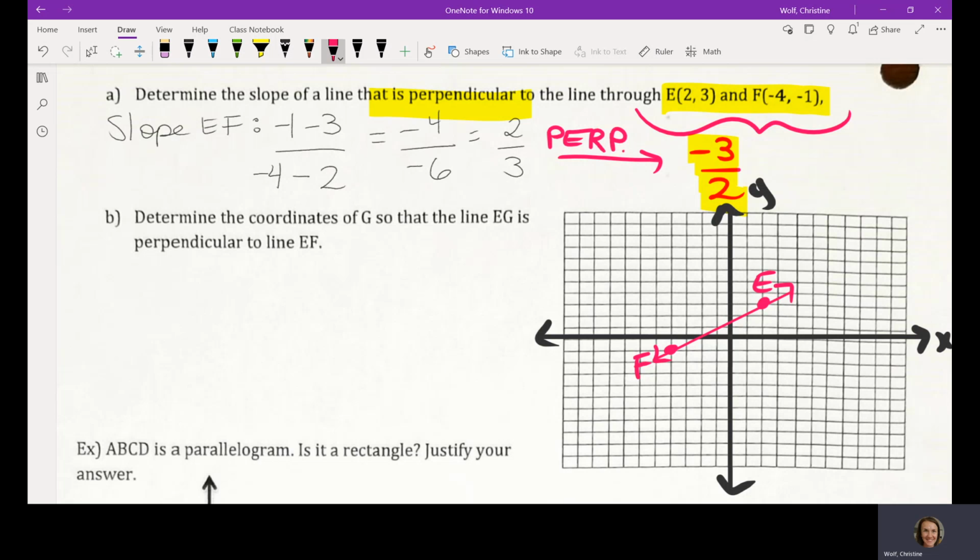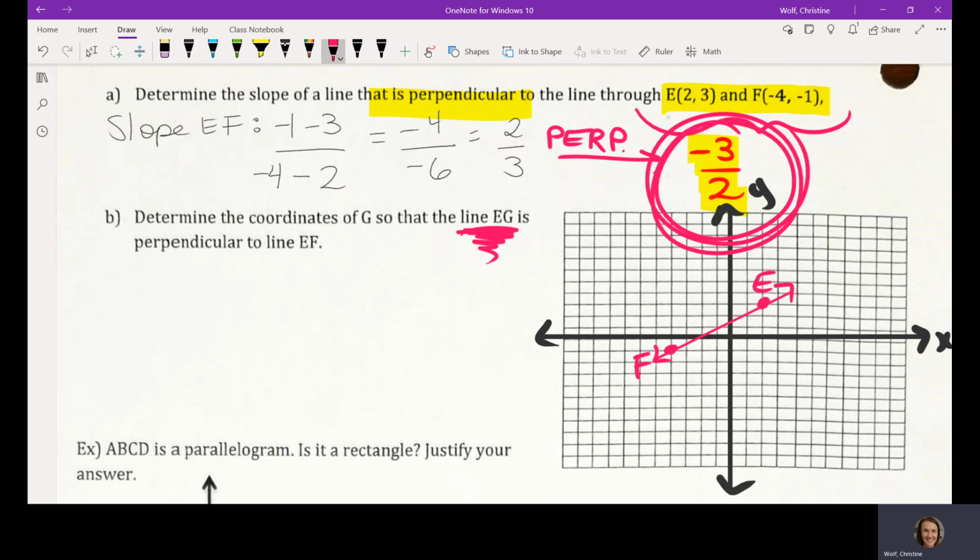Now, the question says, I want to also now draw a line EG. Because it's called EG, I'm going to start at E. It's not called FG, it's called EG. So now I'm going to start at E, and I'm going to draw a line that's perpendicular to that guy. And good for us, we already found what that perpendicular slope would be.